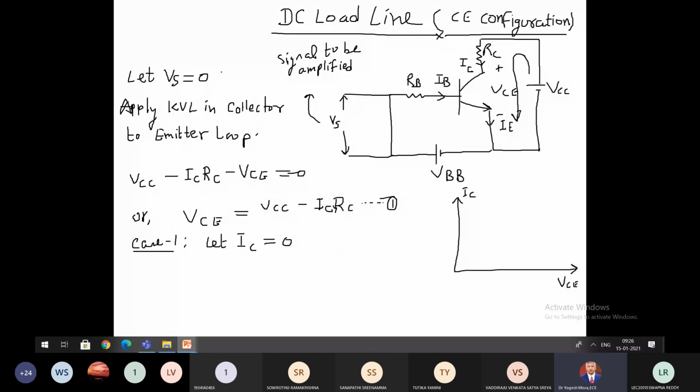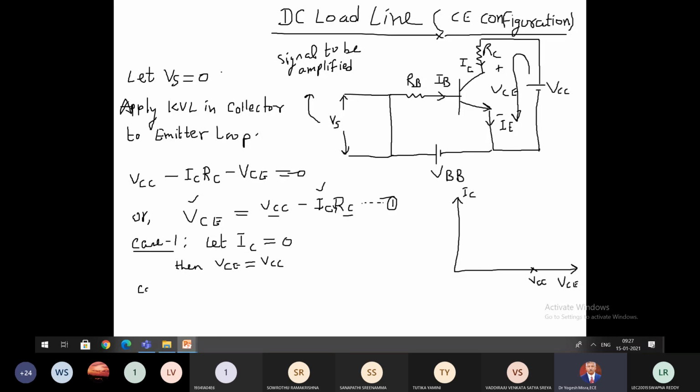See, in equation 1, VCC and RC are constant. Only variables are IC and VCE. So first we will take one case when IC is 0, right? If IC is 0, then VCE will be equal to VCC, right? So this one point we will get on x-axis, and this is your VCC.